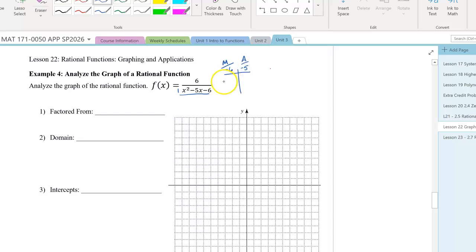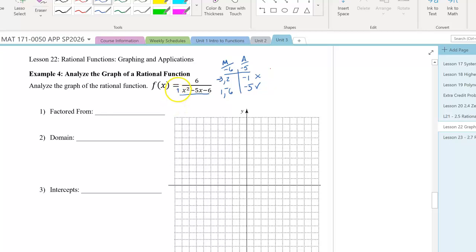So you may think, well, one of them's got to be positive and one of them's got to be negative. So you may try negative 3 and 2, which does give you negative 6, but when you add those together, you get negative 1. Don't forget, though, that there are 1 and 6 that are factors of 6, and if I make that 6 negative, then negative 6 plus 1 would give me negative 5.